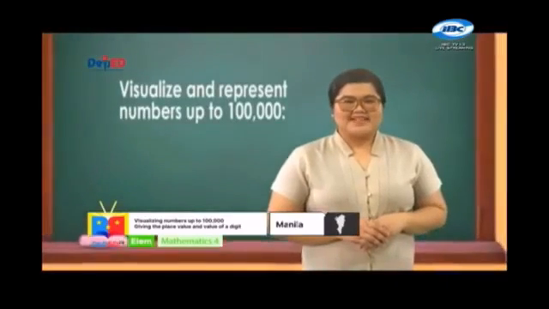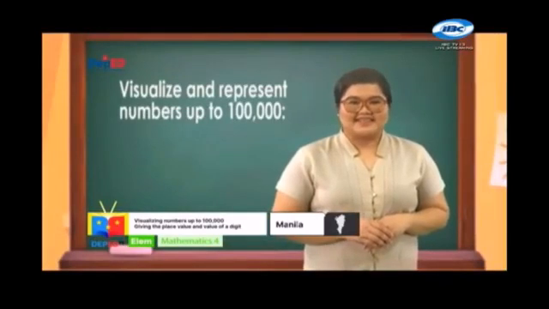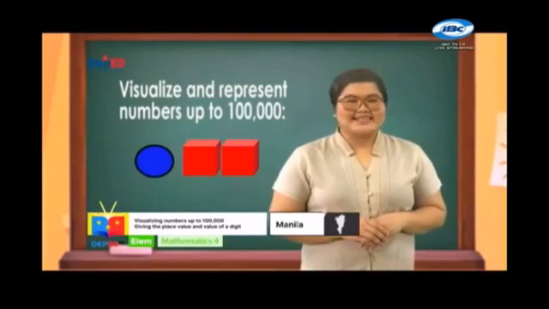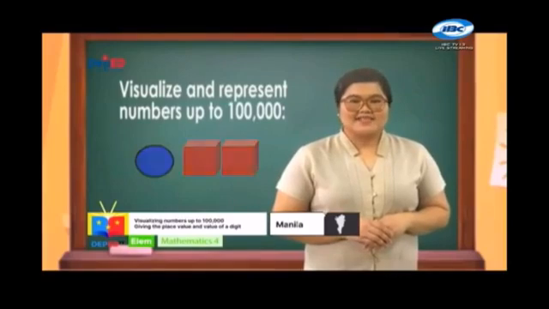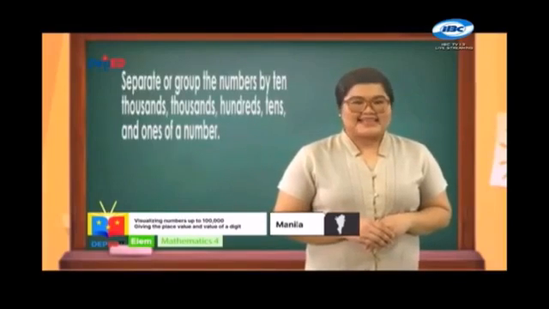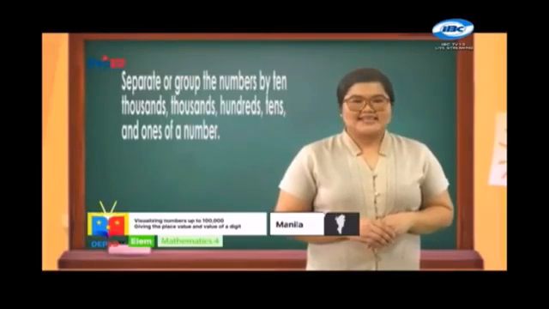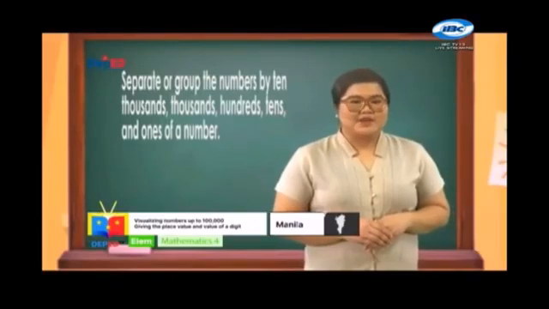To sum up, to visualize and represent numbers up to 100,000 by using number discs and base 10 blocks, we have to separate or group the numbers by 10,000s, thousands, hundreds, tens, and ones of a number.